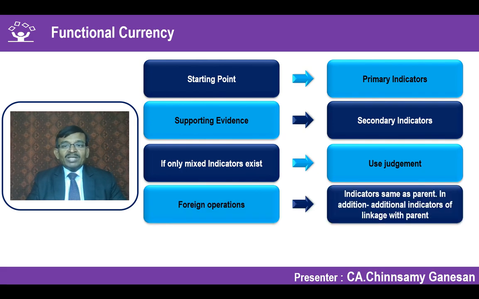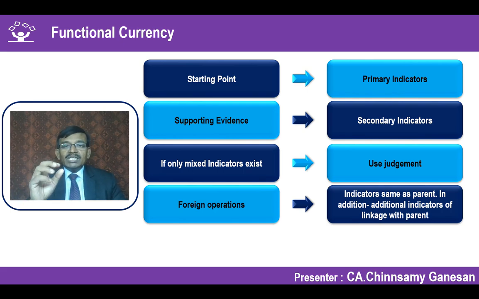Now, if it is a foreign operation, we have to see, that's what we have seen, the intermediate parent company, and we have talked about a company which was a pass-through transaction, etc. We normally consider the indicators, whatever is applicable, primary indicators or secondary indicators which are applicable to the parent company, as indicators for the subsidiary company as well.